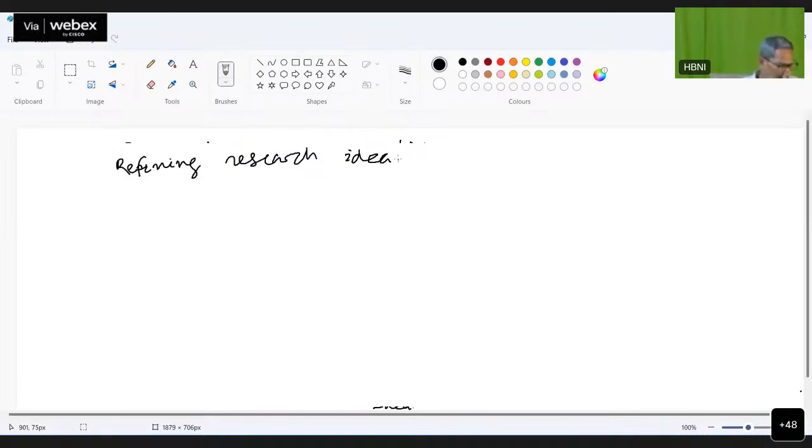What you can do is use what is called the Delphi technique. In this technique, you take expert opinion.